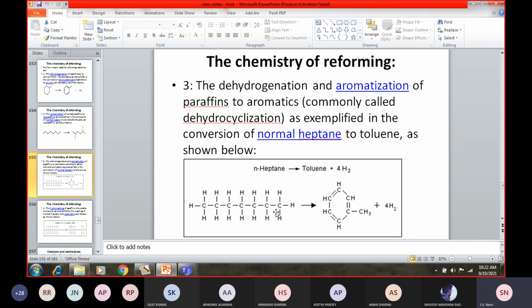Now this 0 octane molecule gets converted upon dehydrocyclization: cyclization takes place plus dehydrogenation, and it gets converted into toluene, which has this structure and an octane number very close to 100. From 0 octane number, the molecule has changed to 100 octane number, and additionally 4 hydrogen molecules have been generated, which can be utilized elsewhere as a byproduct. So this is the third reaction.